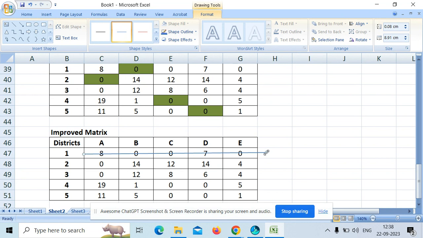See here I'm drawing a horizontal line. I just saw there are three zeros. If I draw a horizontal line, three zeros will get covered.